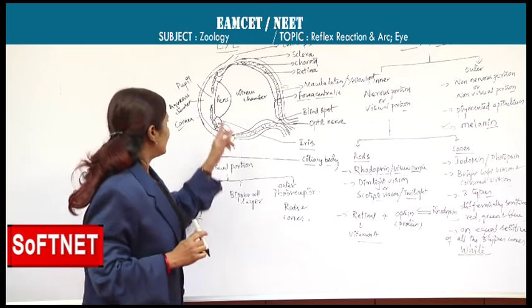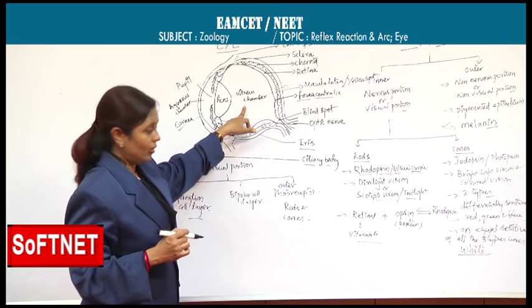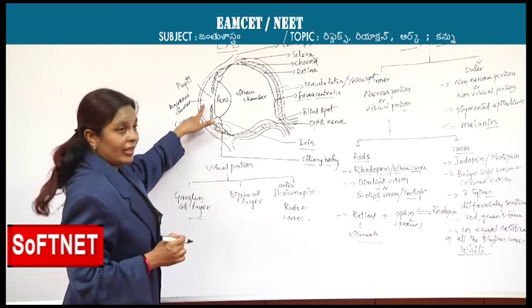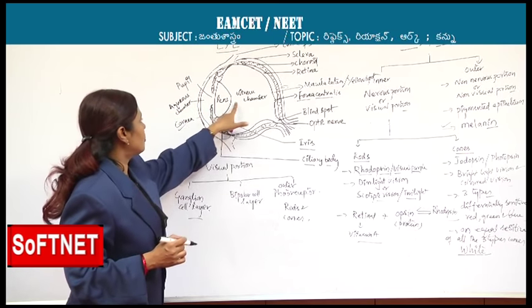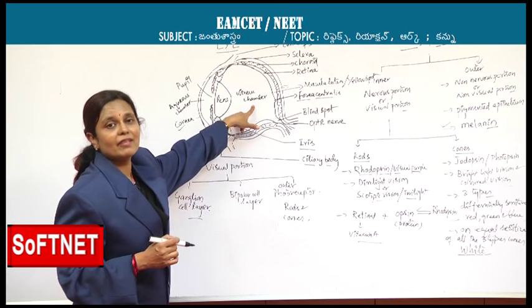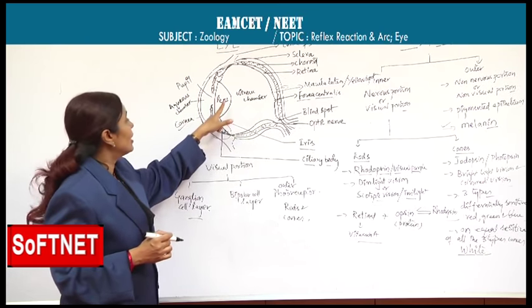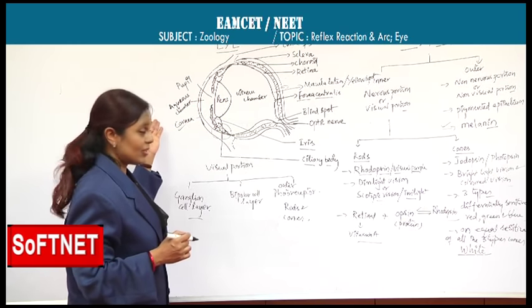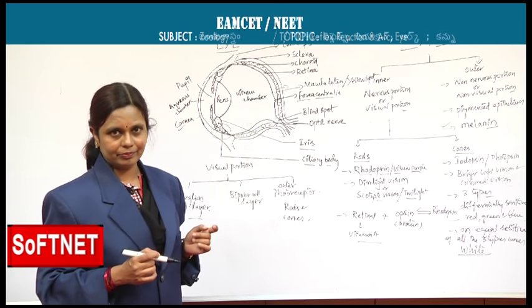Now, this lens divides the cavity of the eyeball into 2 chambers: the anterior aqueous chamber and the posterior vitreous chamber.